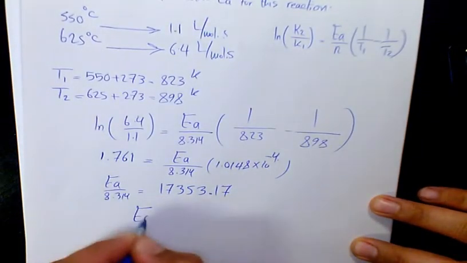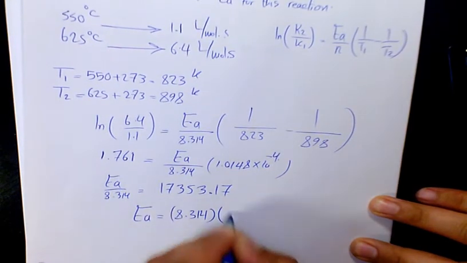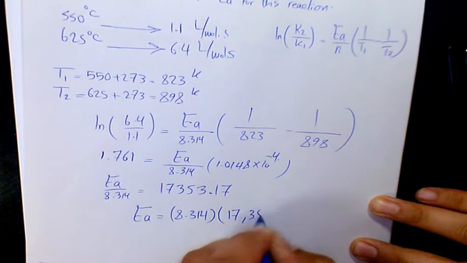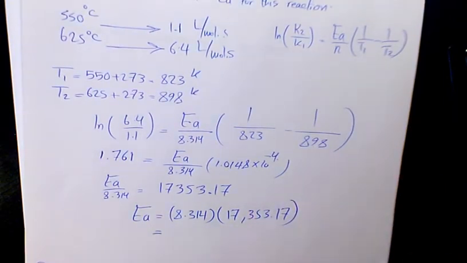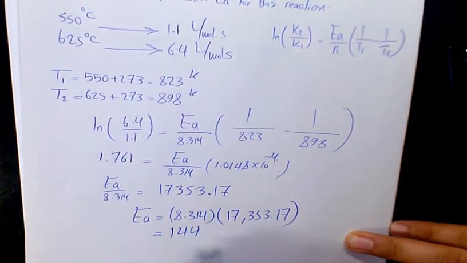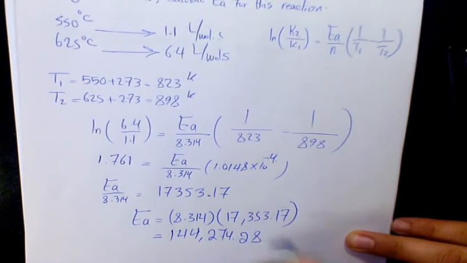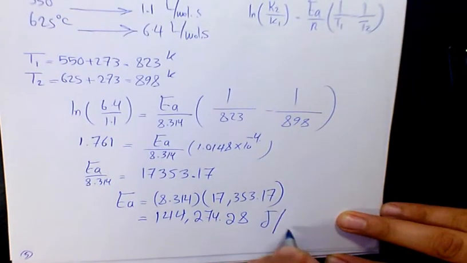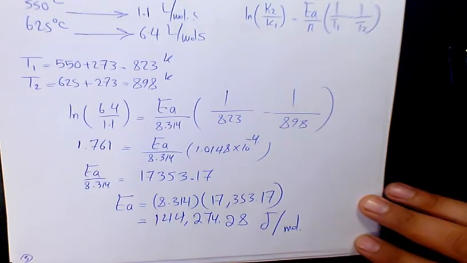So EA will be 8.314 times 17,353.17. That's going to give me 144,274.28 joule per mole. That's the activation energy, and that's how we calculate the activation energy.